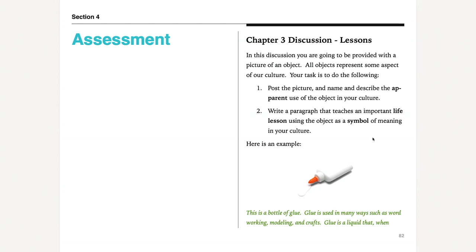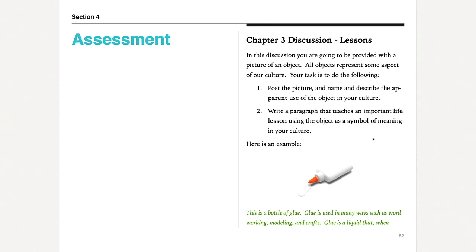What you want to do in the discussion is you post the picture, name it, and describe the apparent use of that. In this sense, this glue sticks things together, mostly paper and wood. Then what I want you to do is write a paragraph that uses that object in a symbolic manner to teach a lesson, a norm, or a value, or an expectation.